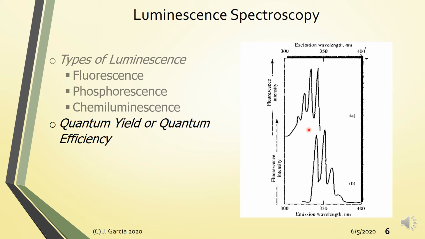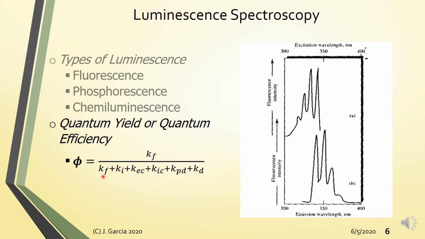So an important term in luminescence spectroscopy, especially fluorescence, is your quantum yield. The quantum yield is simply the ratio between the rate constant of the fluorescence over the summation of all the rate constants of all the events that occur during the relaxation process.